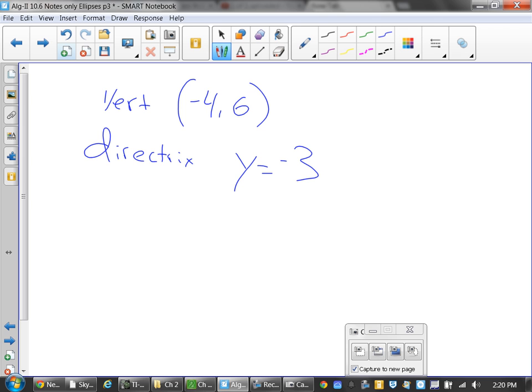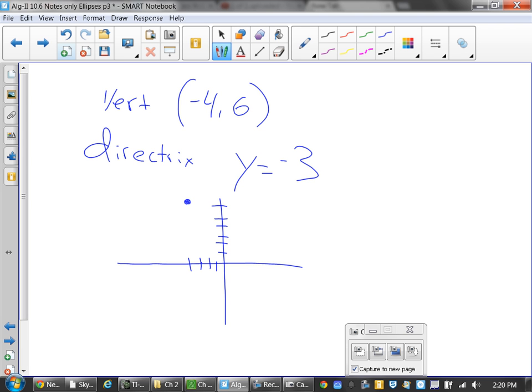So if your vertex is at negative 4 and 6, your directrix is at negative 3, you need to write out the equation. Well, you probably want to plot it first to figure out what direction it's going. So if I have a vertex at -4 and 6, then my directrix is y equals -3.